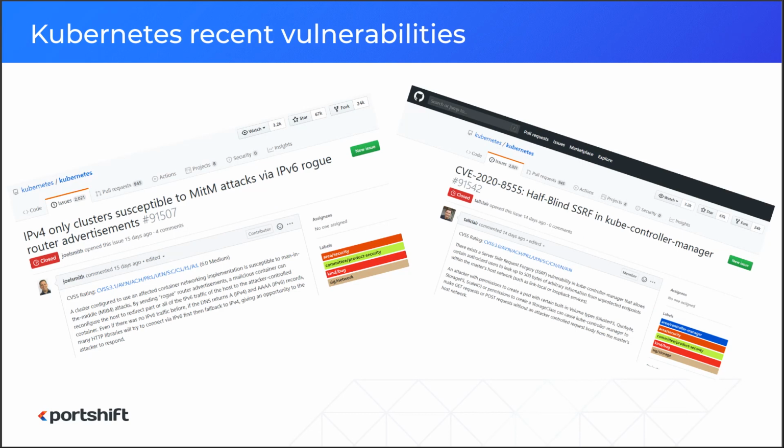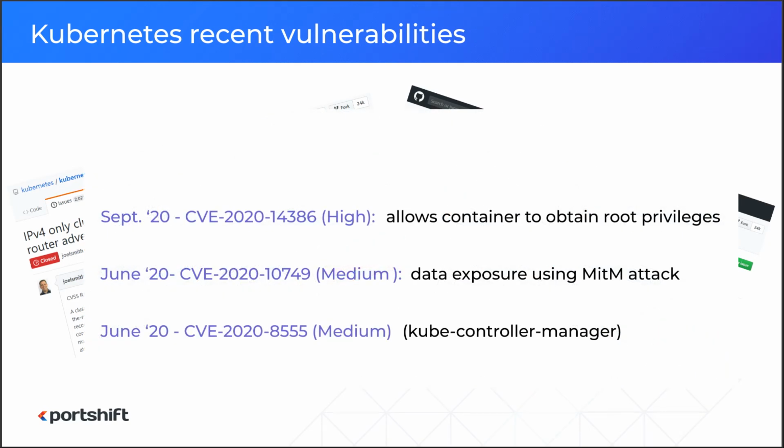Now, if we move beyond that and look at recent vulnerabilities, we see that things keep coming in. Do you remember the CVE that was discovered just 2 weeks ago?